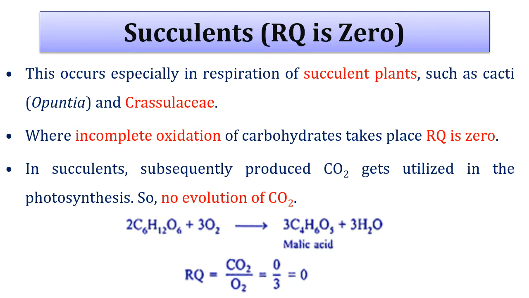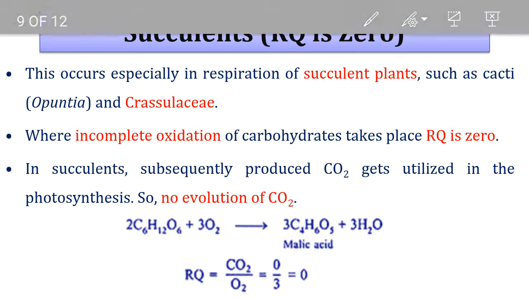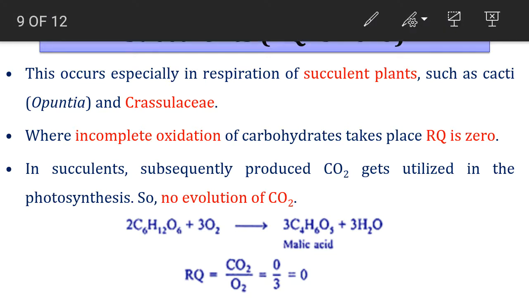Now let's talk about the succulents. In case of succulents, respiratory quotient is always 0. Succulents are the plants which have thick leaves, or you can say the plants of Crassulaceae family. For this you have to remember the case of crassulacean acid metabolism. What we have seen in crassulacean acid metabolism is that the stomata remain closed during the daytime and remain open during the night time.